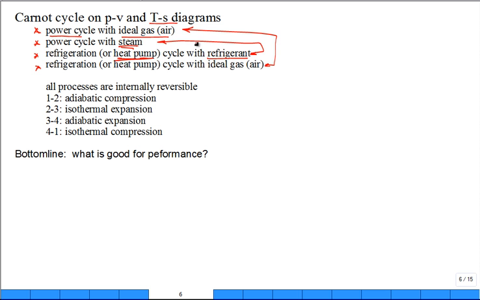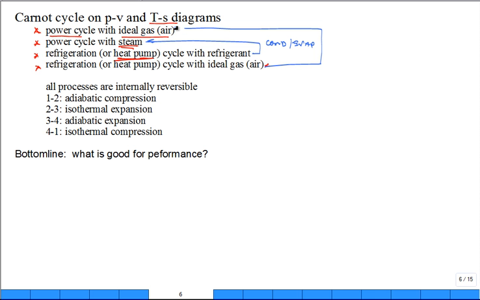But when you have the steam or refrigerant, things are condensing and evaporating. I have condensing and evaporation going on. Phase change. Air, no phase change. It's always an ideal gas.